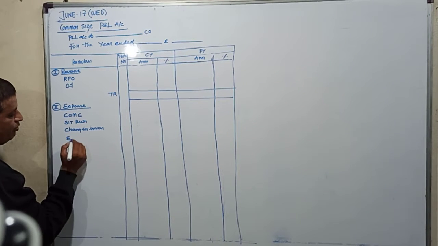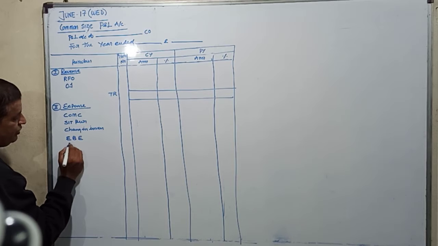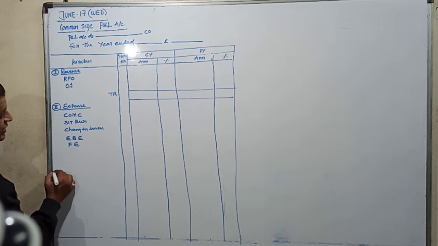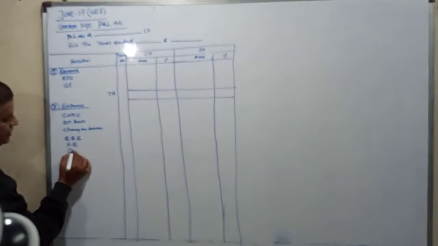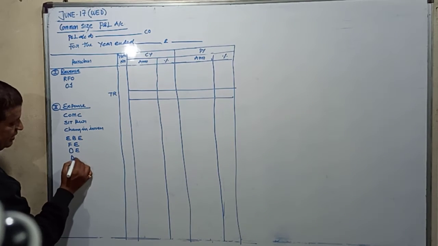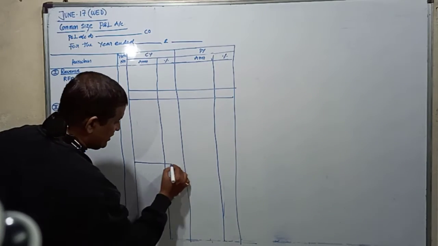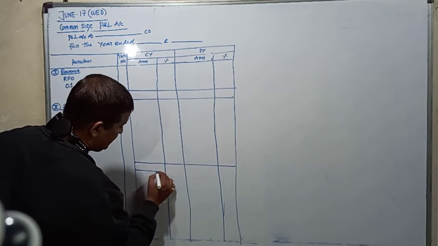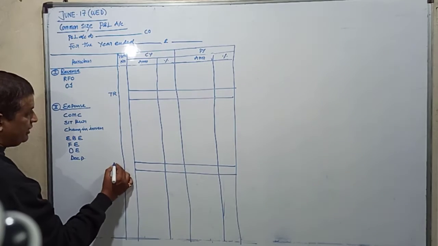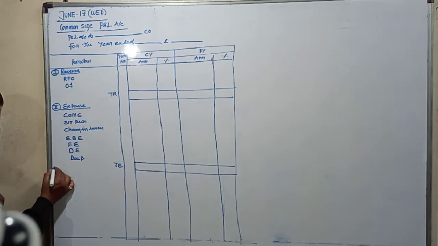Then you have employee benefit expenses. Then you have financial expenses. Next you have other expenses, and last is depreciation. This will give us total expenses.